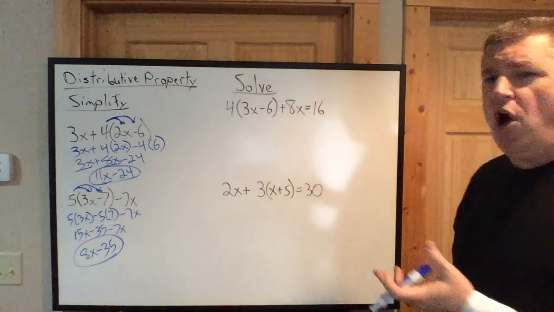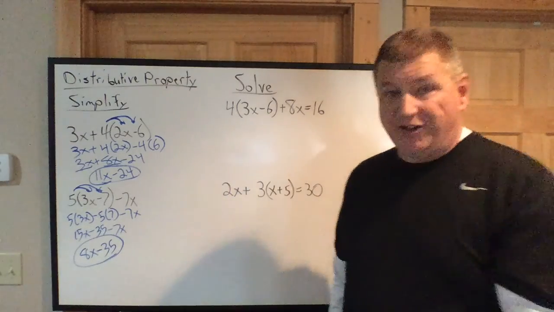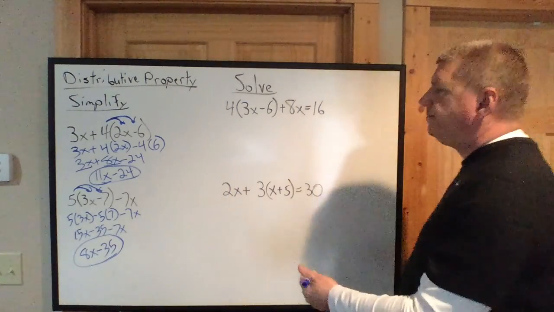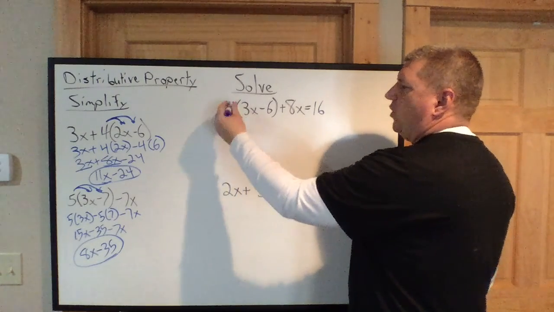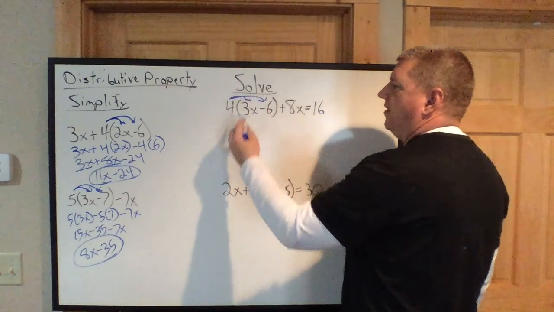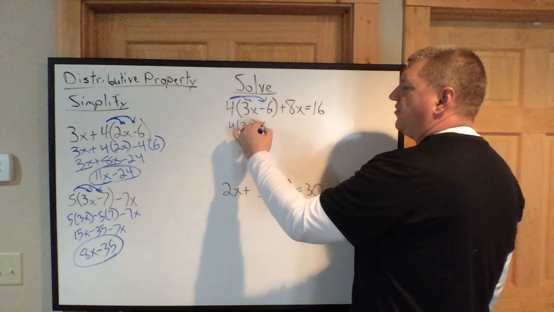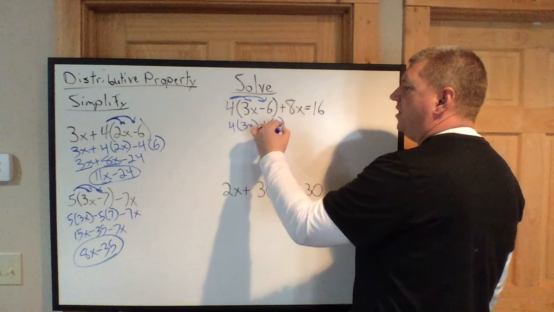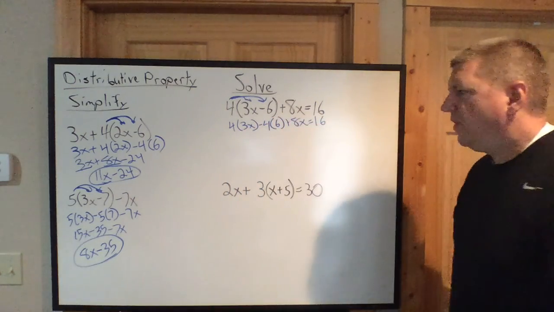So looking at solve, now we're going to have to distribute, combine like terms, and then actually finally solve the equation. So again, nothing I can combine in parentheses. So I'm going to distribute here and there. 4 times 3x minus 4 times 6 plus 8x equals 16.